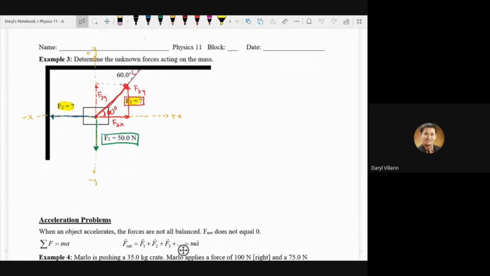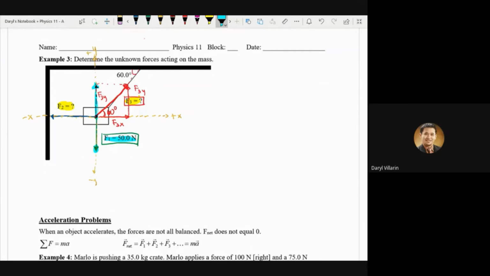The forces along the y only contain two forces. One is directed upward, and the other one is directed downward.